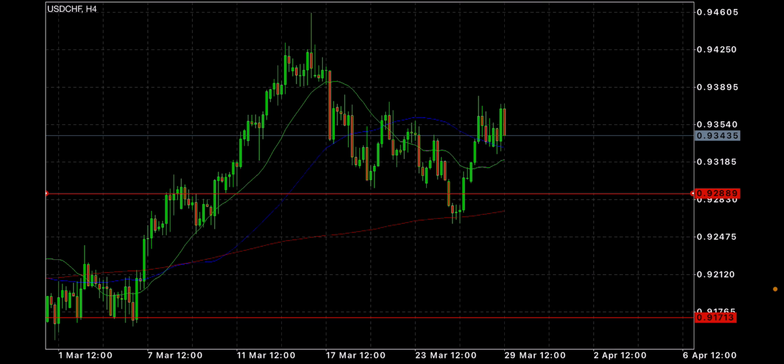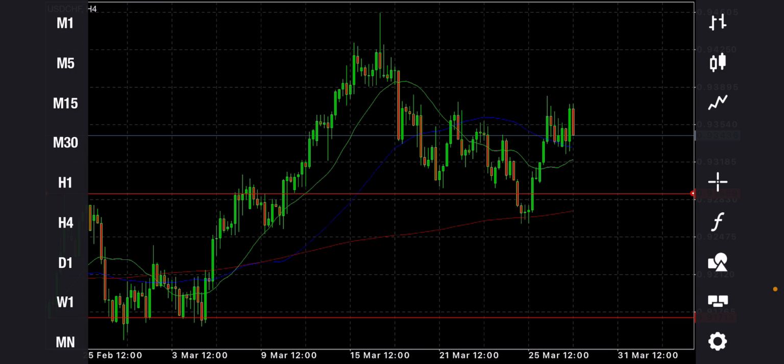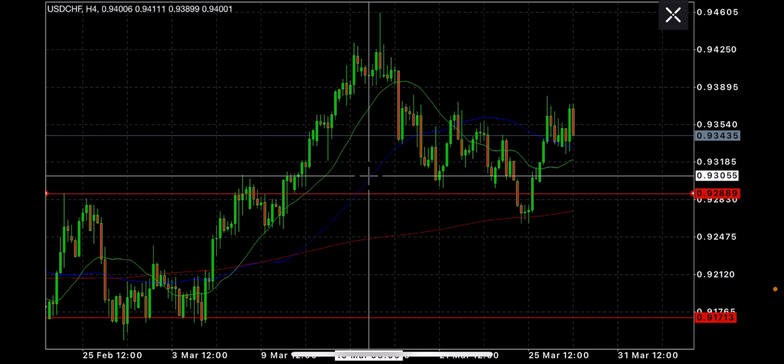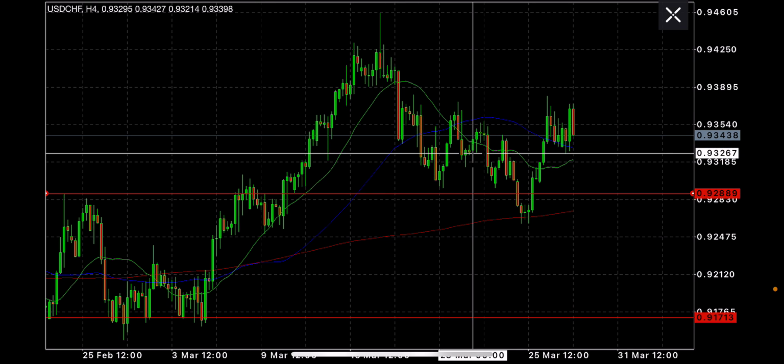Before we get started to talk about the technical analysis and everything, we have to discuss what is happening with the fundamentals of each of the currencies. We're going to start off with the Swiss franc. Now, the Swiss franc is in a very peculiar situation.